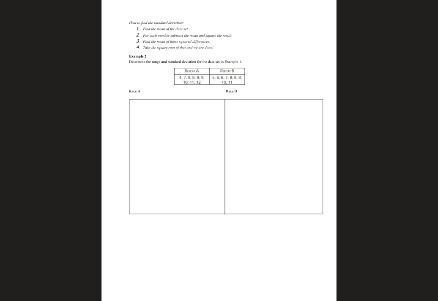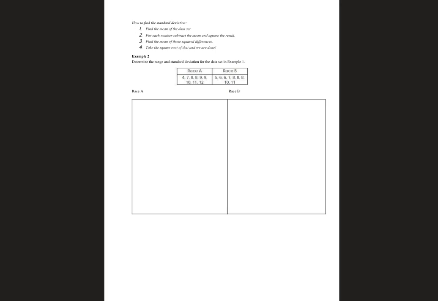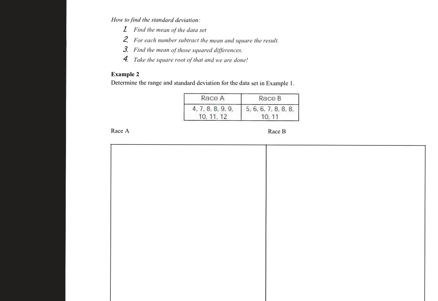For this one, we're going to use the same data set that we already used, and I'm going to show you exactly how to do that. But what I would recommend is you make a list. It says find the mean of the data set. We actually already did that on the previous page. If you remember, this was 8.6 repeating. And then for each number, subtract the mean and square the result.